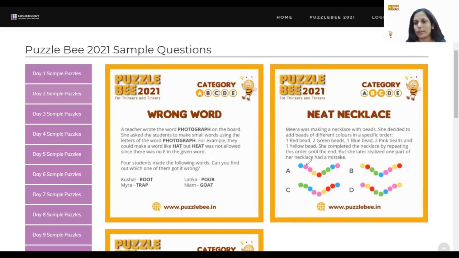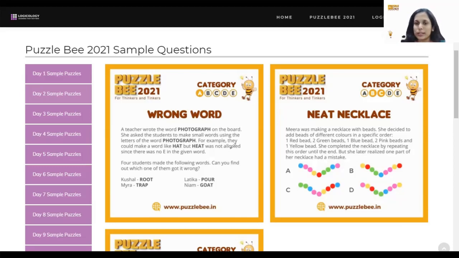So one yellow, two green, one blue, two pink, one yellow. Again, you will have one red, two green, one blue, and so on. So this order would keep repeating. So the 4 parts you had here need not really start from what has been mentioned. They could start somewhere midway. And it would get tricky if they start with a green or a pink one. So that's the only tricky part.